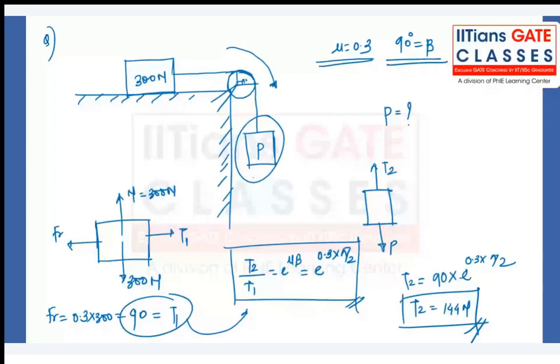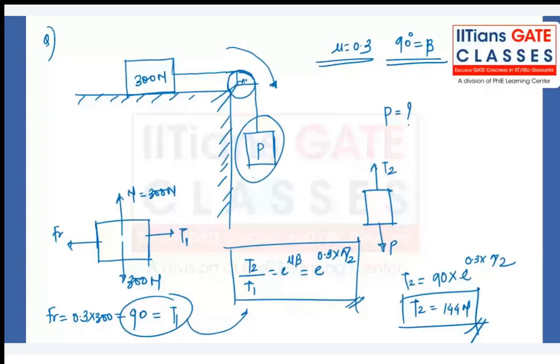Sir, if you assume that P is not moving, that it's a stationary body, then we don't know in which part tension will be more and in which part it will be less. We can consider two cases. In that case also, if it is not moving, still there will be tension in the string, right? You can clearly see that we are not applying any force in this direction.